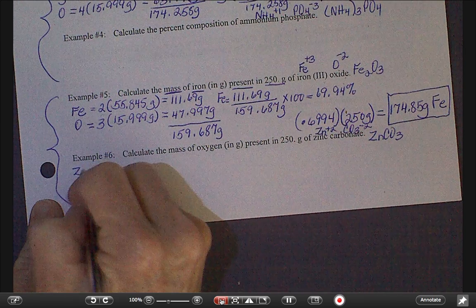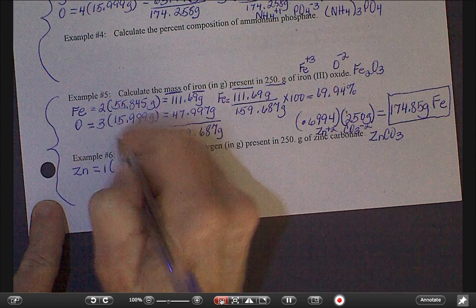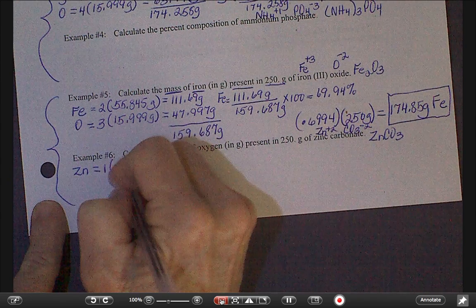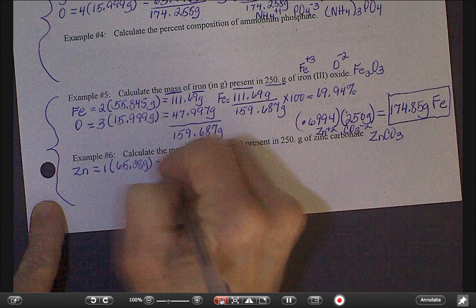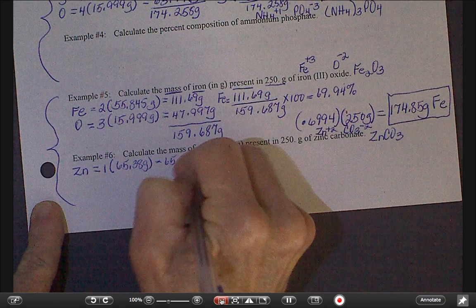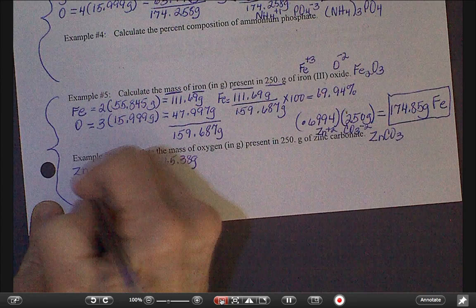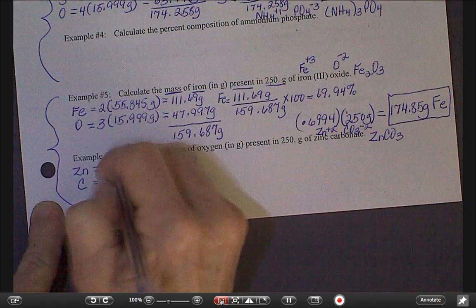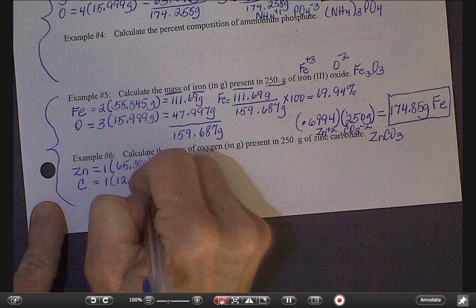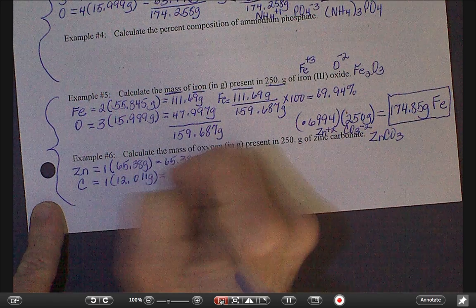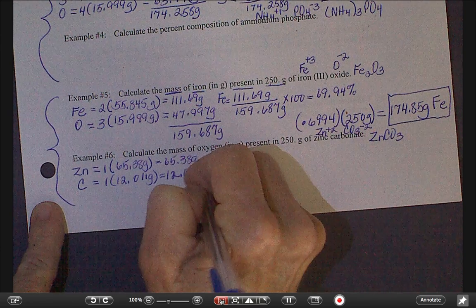So Zn equals, there's only one of them, which is 65.38 grams, which equals 65.38 grams. All right, carbon. There's only one of them at 12.011 grams, which equals 12.011 grams.